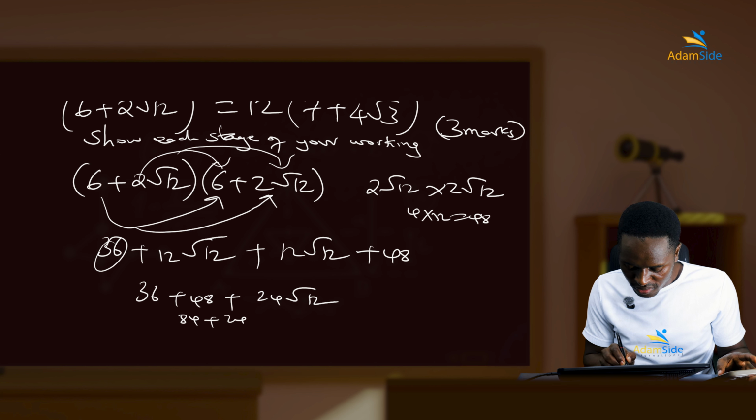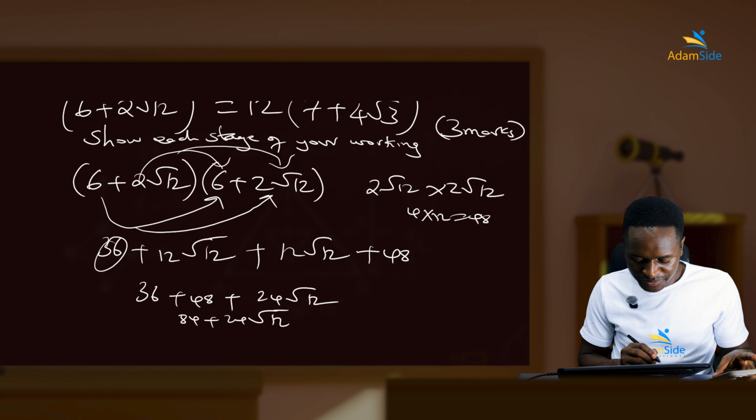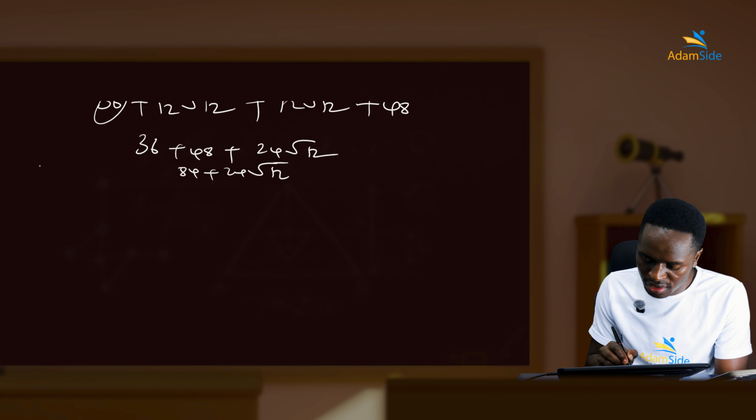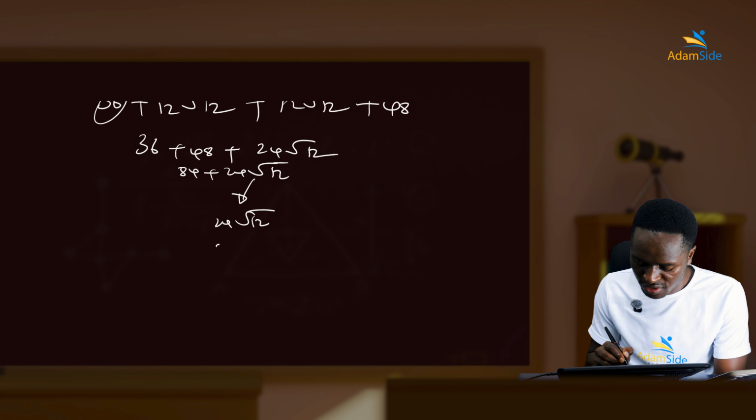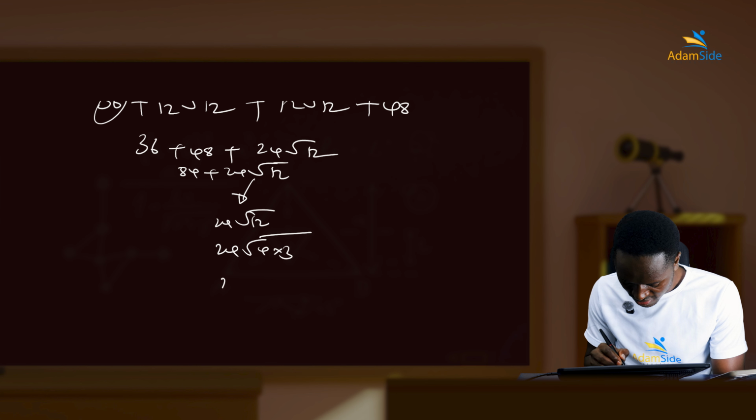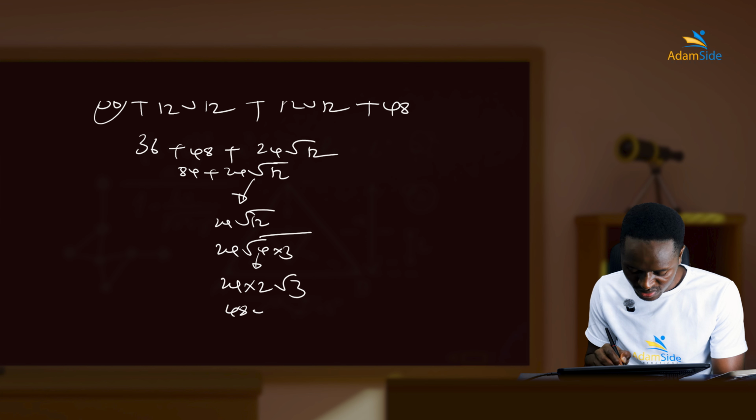Plus 24 root 12. This 24 root 12 can be written as 24 times root 4 times root 3, which is 24 times 2 root 3, which is 48 root 3.